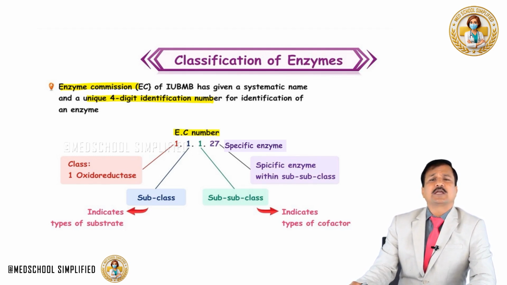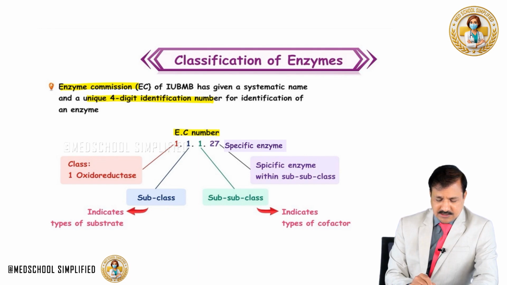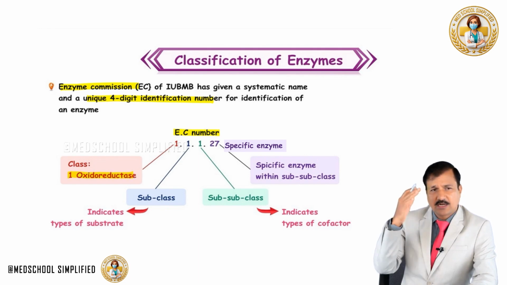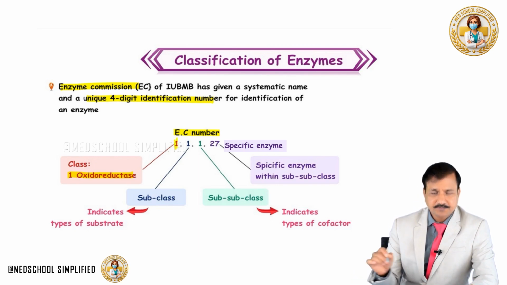So it is based on the classification of enzymes. The very first class of enzyme, for example, is the oxidoreductase class, and since it is number 1 in the classification, it is given as number 1 in the beginning.